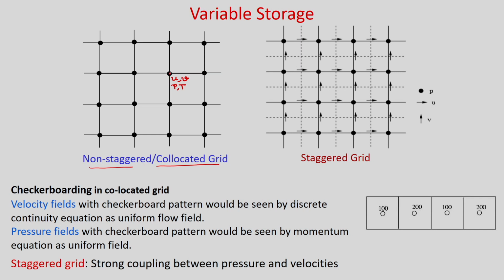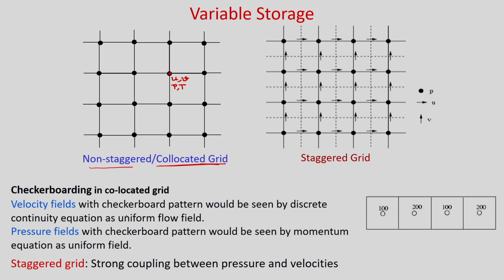If you solve at the same grid point, then this is known as a collocated grid. So, all the variables you are solving at the same point, but it has some disadvantage, known as pressure velocity decoupling. When you are solving the Navier-Stokes equation and energy equation, you will get pressure velocity decoupling. That means pressure and velocity will not talk to each other.